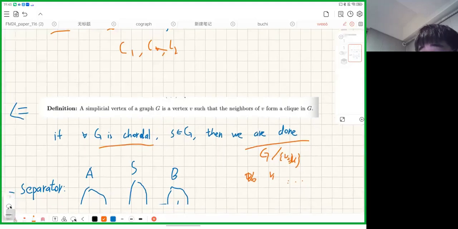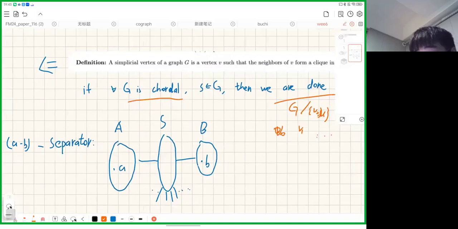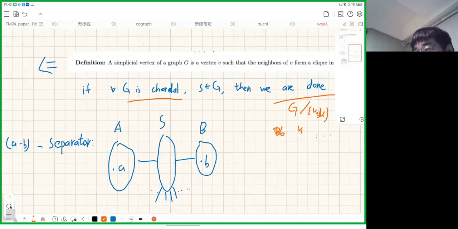Here I will introduce another concept, a separator. A separator is an induced subgraph of the graph G which separates G into different connected components. All these components are disjoint, and they can only connect to the separator.